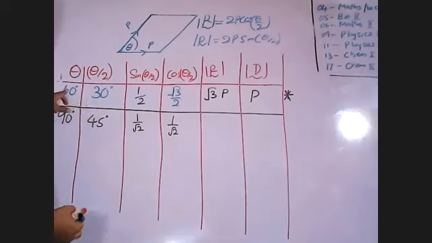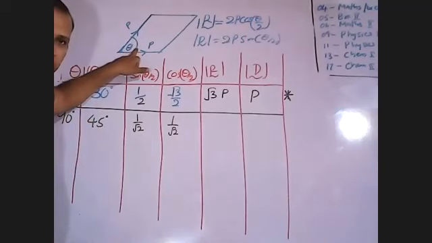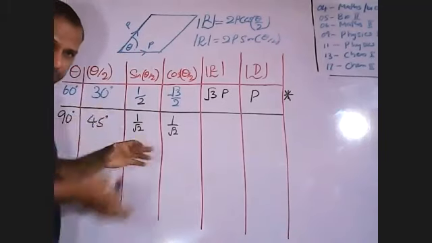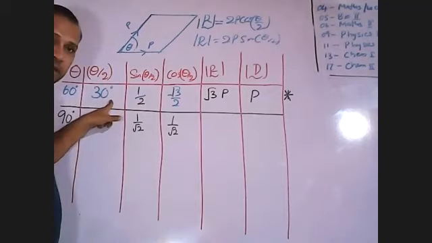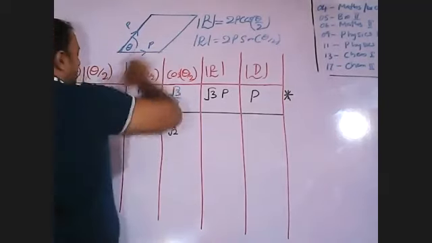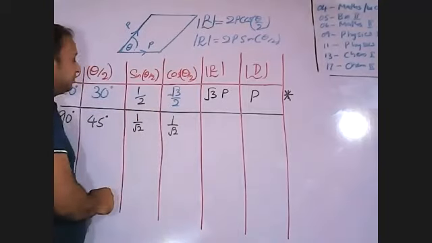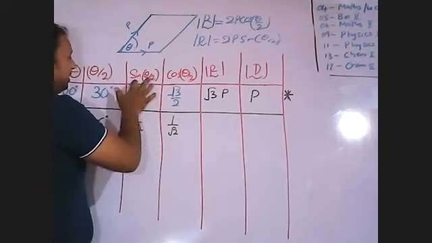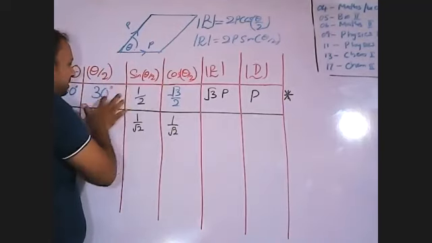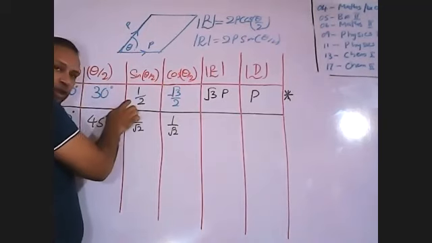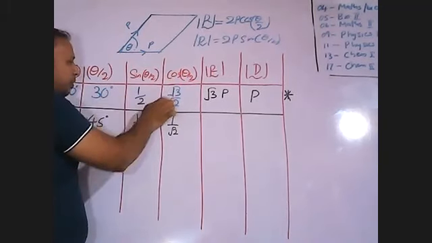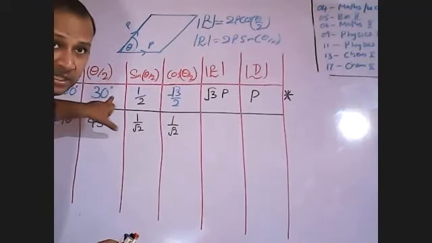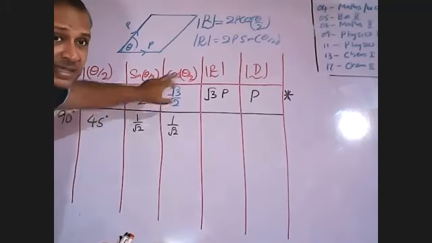This one. If the angle is theta, theta over 2 means 30. Theta divided by 2 is equal to 30. Then I have to put these values into this equation. Sin theta over 2 means sin 30. Sin 30 is half. Cos theta over 2 means root 3 over 2, because theta over 2 is equal to 30. Therefore, I have to find cos 30 and sin 30.